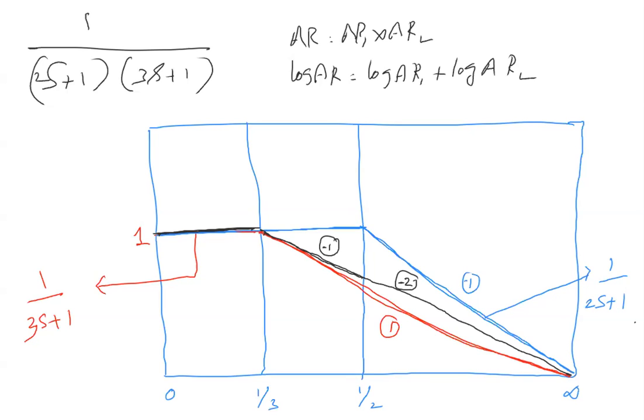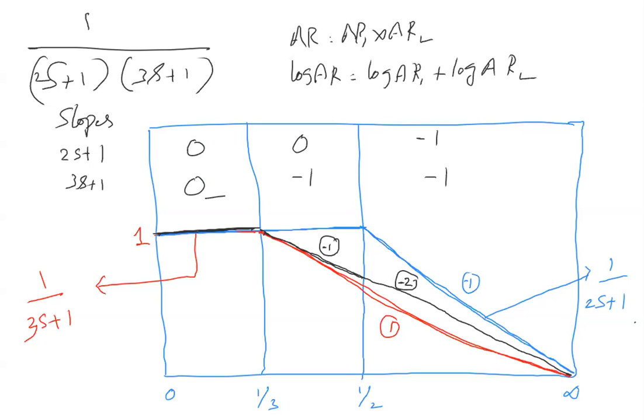Minus 1 and minus 2, because some slopes are 0, no? So if I write the slopes summary, 2s plus 1, 3s plus 1. What is 2s plus 1? 0, 0, minus 1. What is 3s plus 1? 0, minus 1, minus 1.